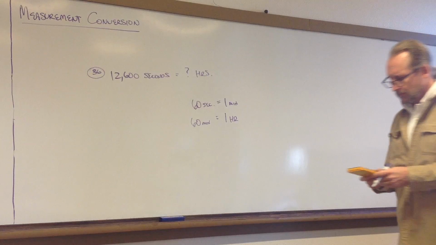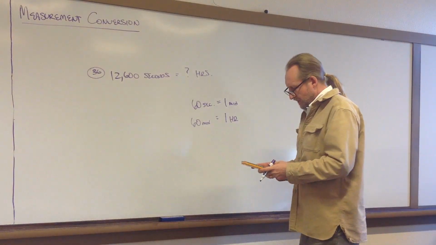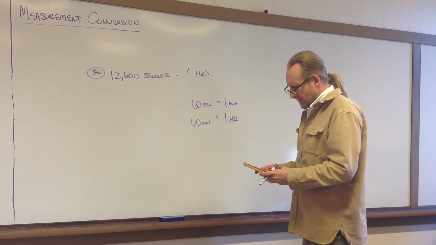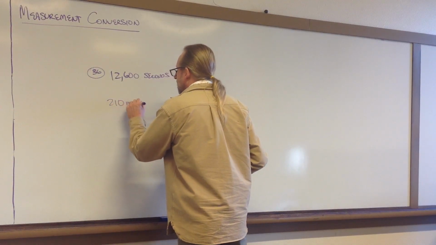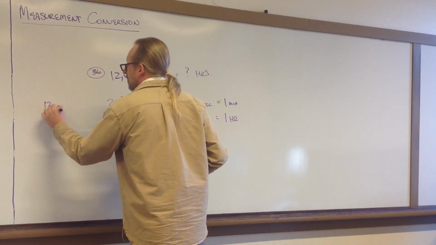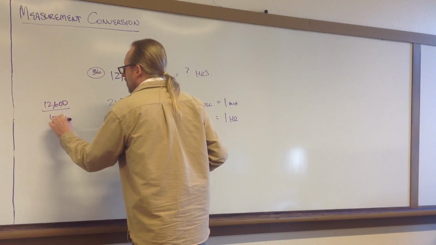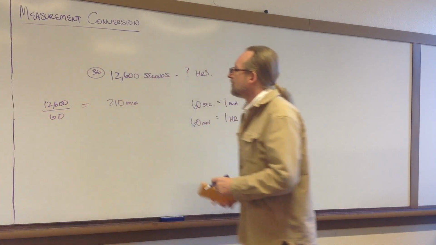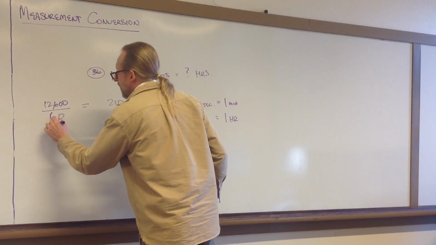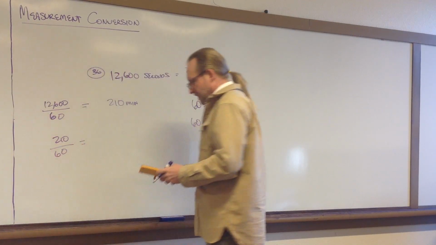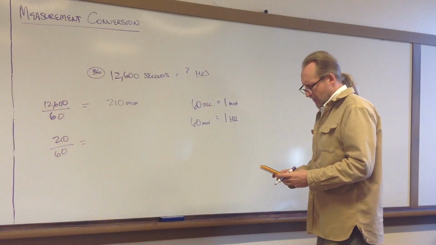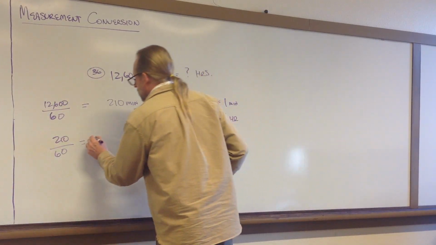Okay? So, let's see here. If we take 12,600, divide it by 60, then that'll be 210 minutes. Then we'll take those 210 minutes, divide that by 60, and that'll be 3.5 hours.